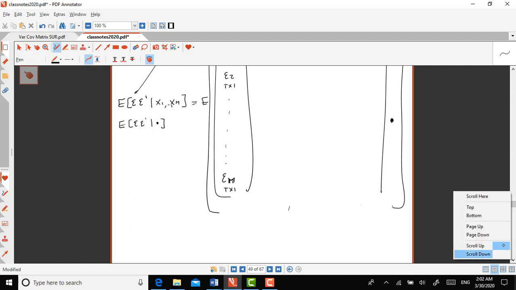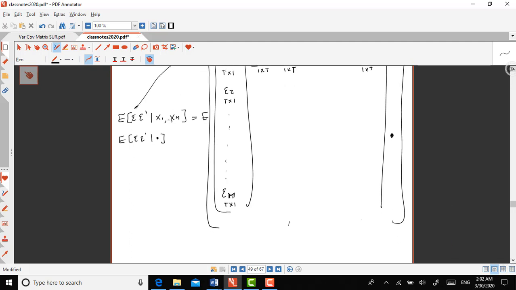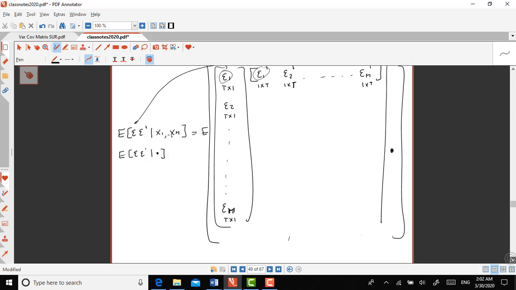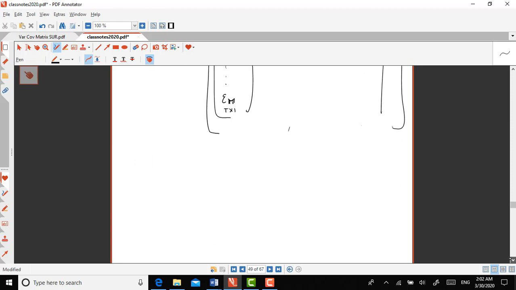So this is a vector, this is also a vector, and let's try to do the multiplication of these vectors.